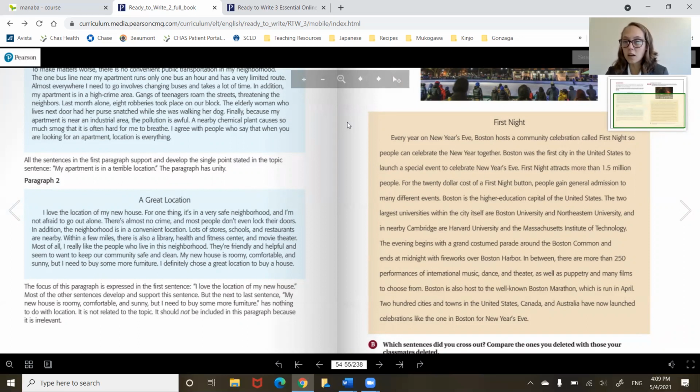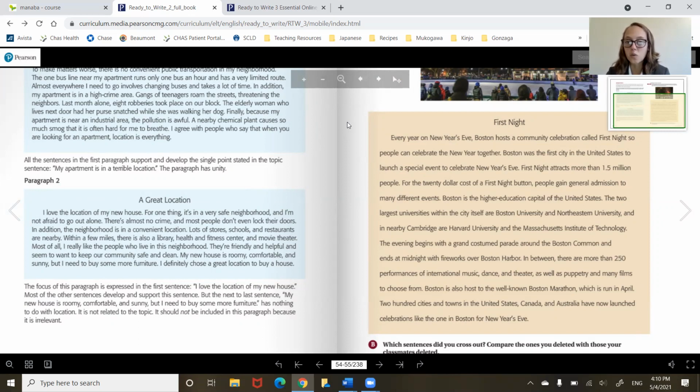For the $20 cost of a First Night button, people gain general admission to many different events. Boston is the higher ed capital of the United States. The two largest universities within the city itself are Boston University and Northeastern University, and in nearby Cambridge are Harvard University and the Massachusetts Institute of Technology.